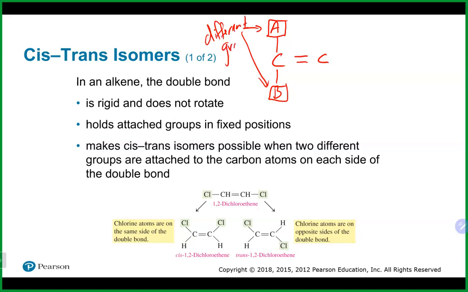And by the way, when we're talking about groups in this aspect, hydrogen can be considered a group when we're thinking about cis or trans. So if you have something like A and maybe D again here, we have different groups attached.